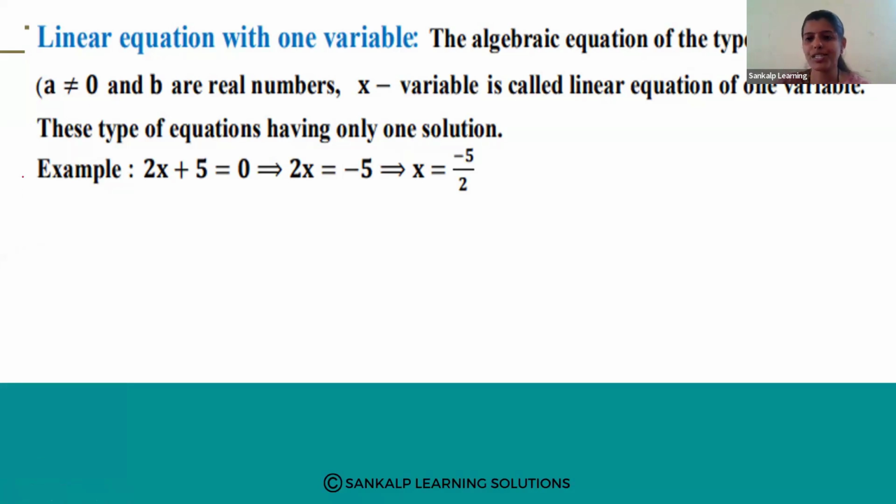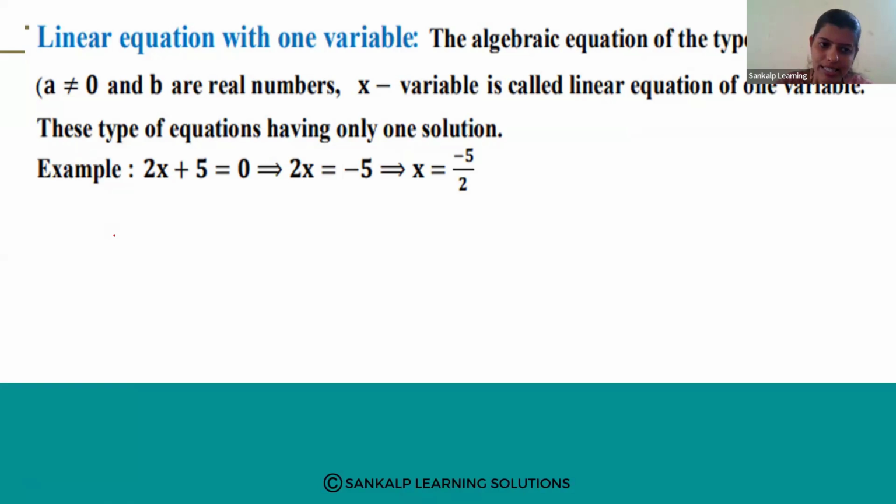See, a linear equation with one variable, the algebraic equation of the type ax plus b equal to 0, where a is not equal to 0 and a and b are real numbers, and x is a variable, is called a linear equation of one variable.